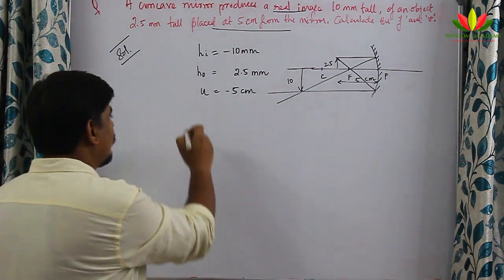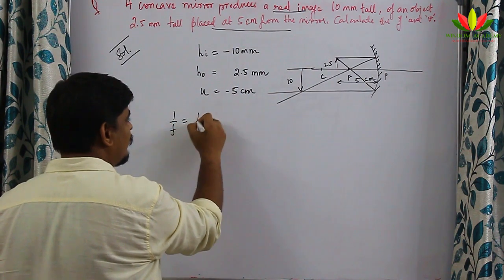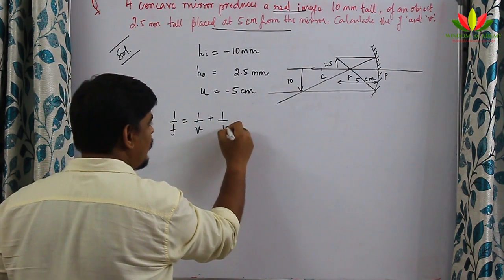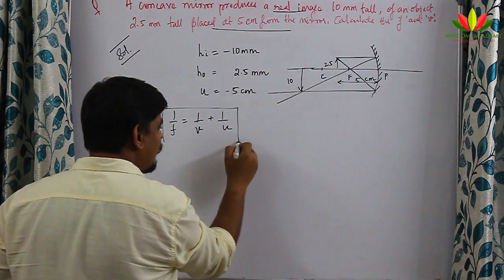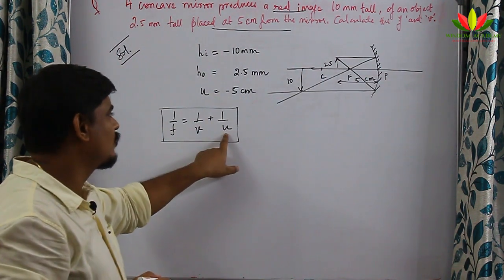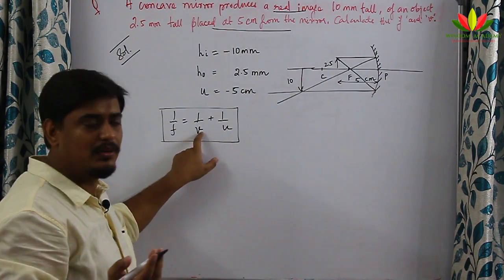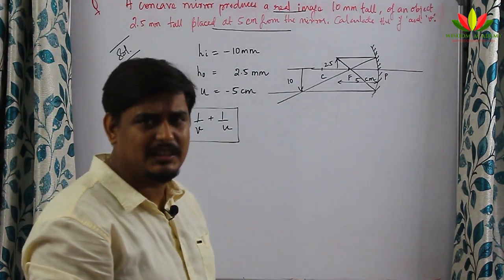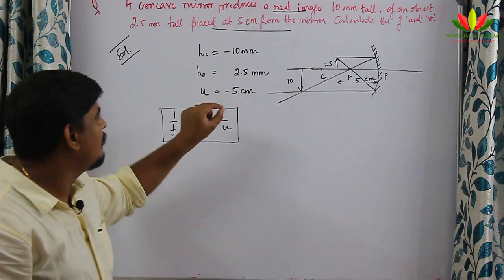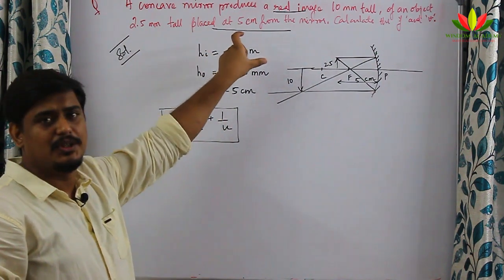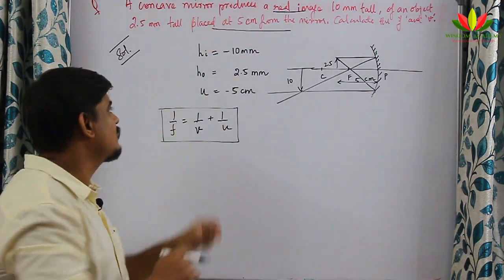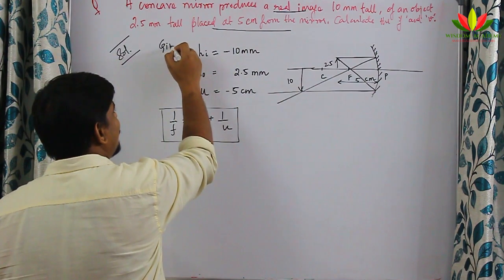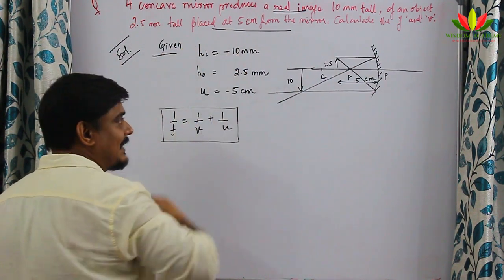Using the formula 1 by f is equal to 1 by v plus 1 by u, will it give the answer to you directly from here? No, because only u is known to you. F and v both are unknown. So directly using this formula will not give you the answer. One more thing I want to put stress on is that whenever you read the question, when you are writing the values in the given data, at that time itself you must put the sign convention.